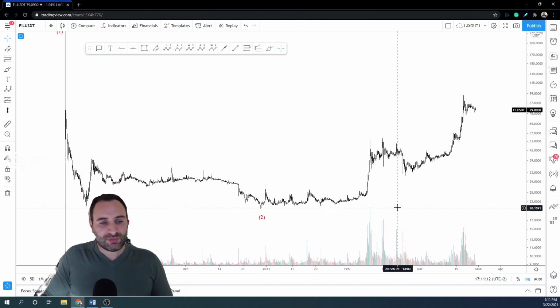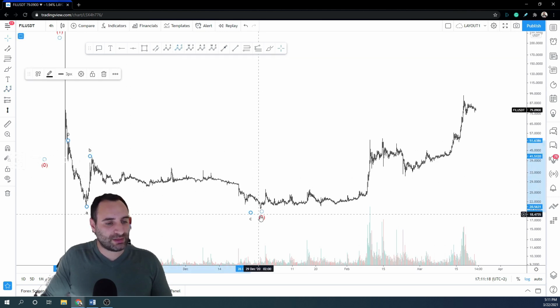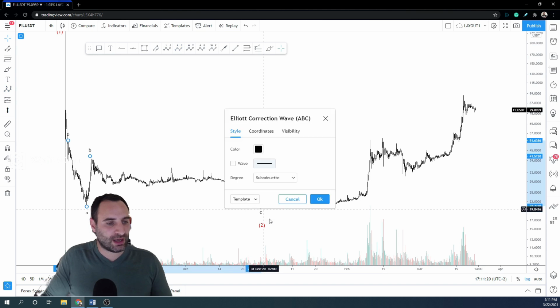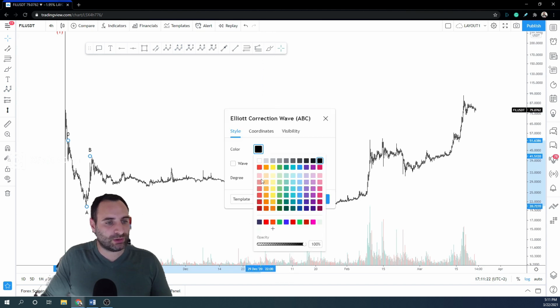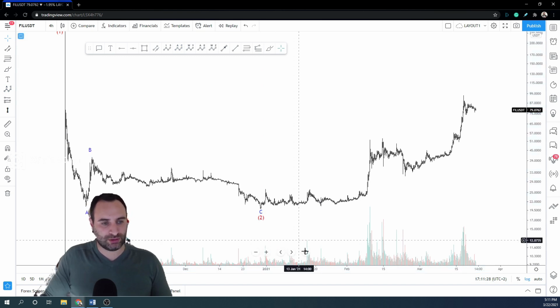Now, since we've identified those levels, what we need to do is go and label the waves down here. This is just an ABC, one lower degree, and obviously the colors here are coded. So this is an ABC correction, right?